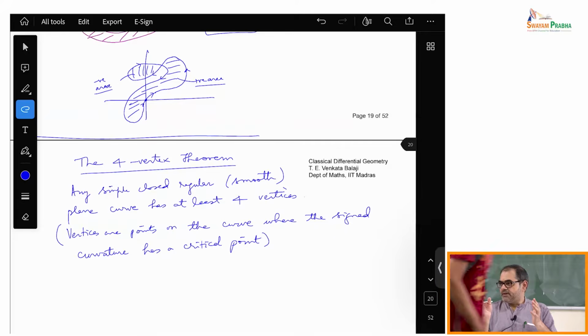Then the magnitude of the curvature is given by the magnitude of the second derivative, if you take a unit speed parametrization, that is, arc length parametrization of the curve. So you need the curve to be C2 at least. If the curve is C2, then the curvature is continuous.